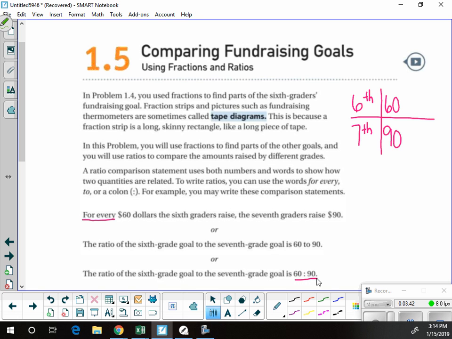The ratio of the 6th grade goal to the 7th grade goal is 60 to 90. So based on that order, we know that 60 goes with the 6th graders and the 7th graders goes with 90. Okay?